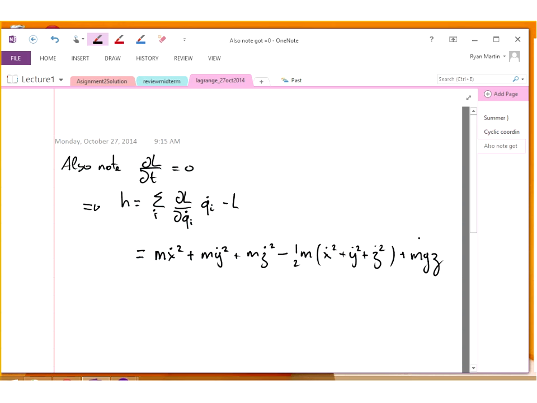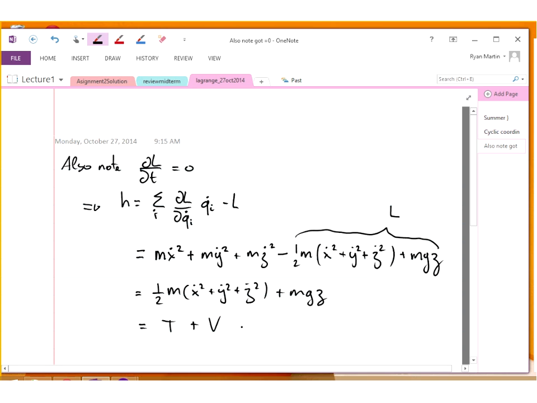Right, this part here is all L. And what we're left with is a half m times (x dot squared plus y dot squared plus z dot squared) plus mgz, which you can recognize as the kinetic energy T plus the potential energy V, or in other words, the total energy.